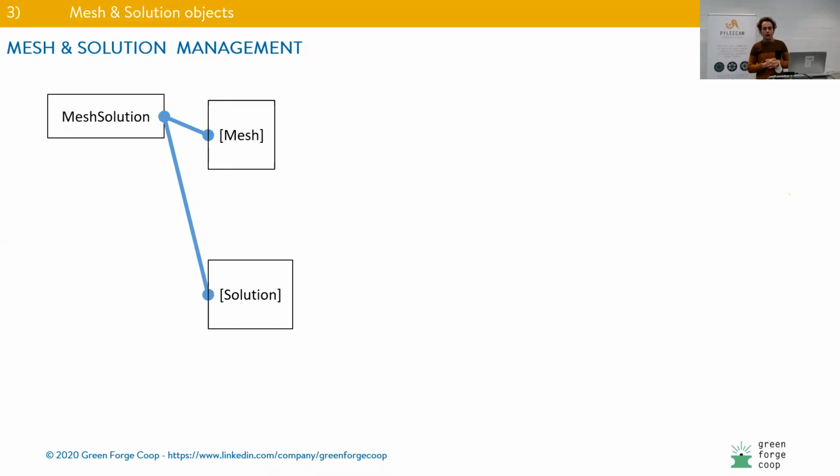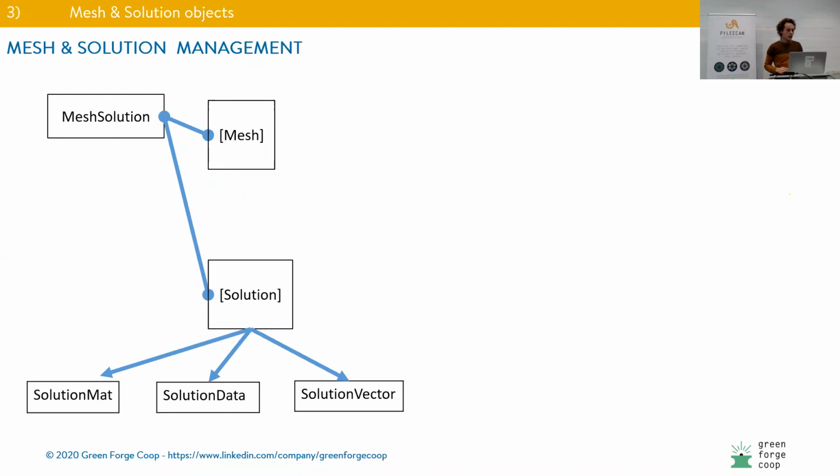For the moment, we have chosen to contain a list of meshes and a list of solutions, but we mostly use at the moment one mesh and several solutions in the same MeshSolution. So for example, with FEMM, you will have the same mesh at every time step, but you will have a new solution at every time step, which is saved inside the solution.